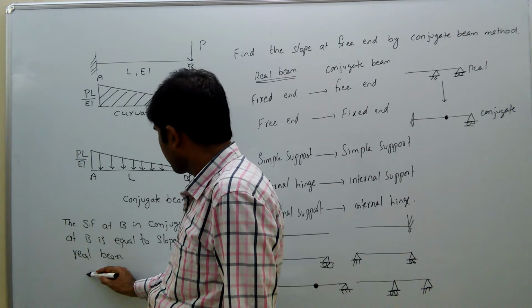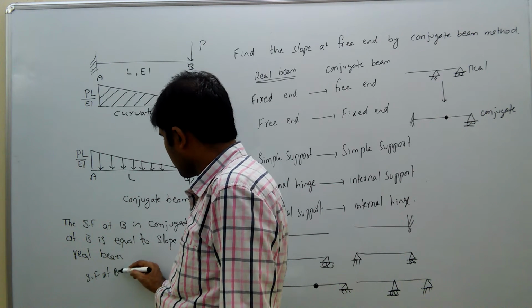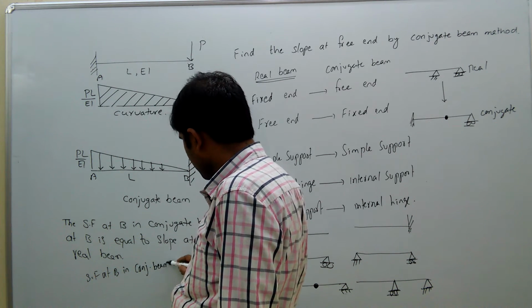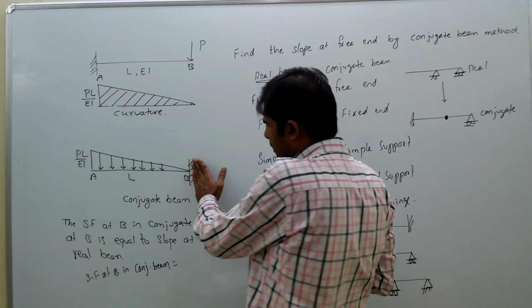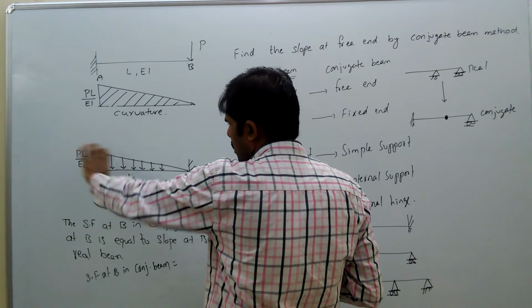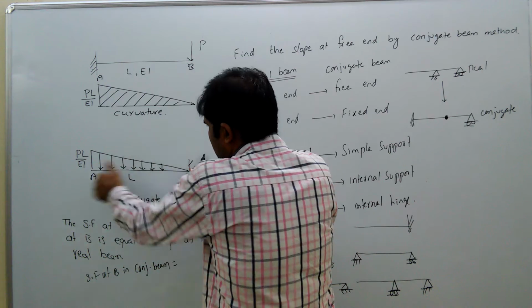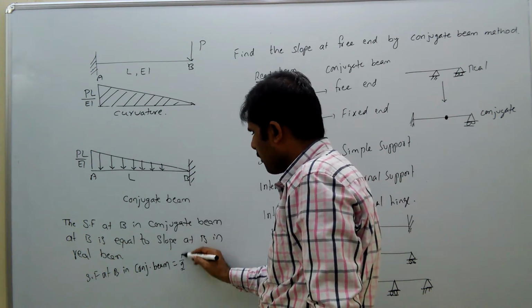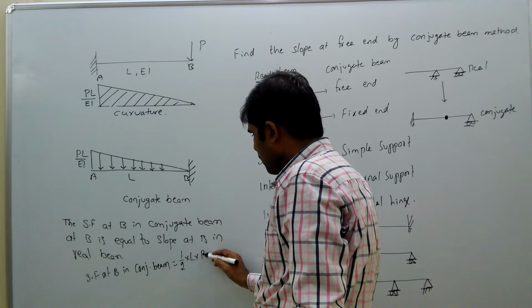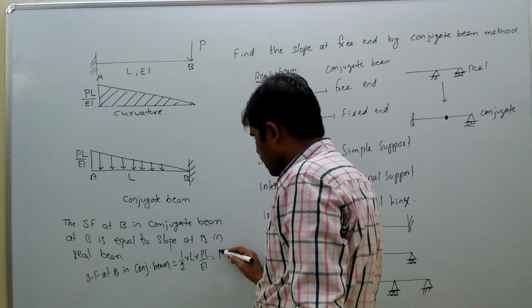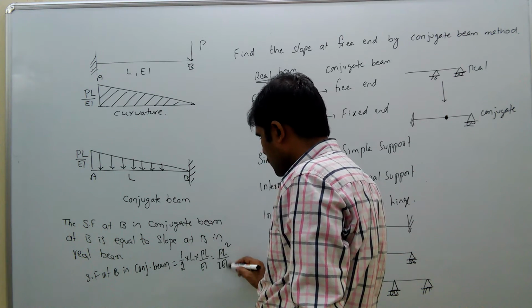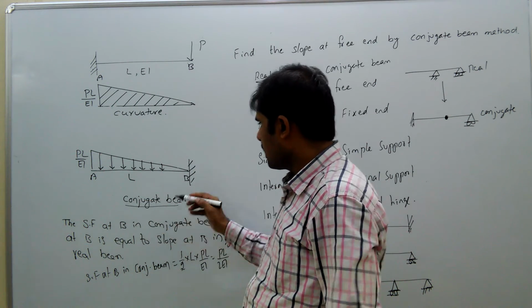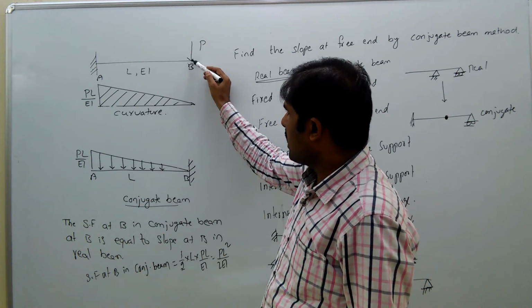What is the shear force at B in the conjugate beam? Shear force is the unbalanced total load on one side. If you see to the left of B, what is this load? The area of this triangle, that is half into L into PL by EI, which equals PL squared by 2EI. So the shear force at B in the conjugate beam is nothing but the slope at B in the real beam.